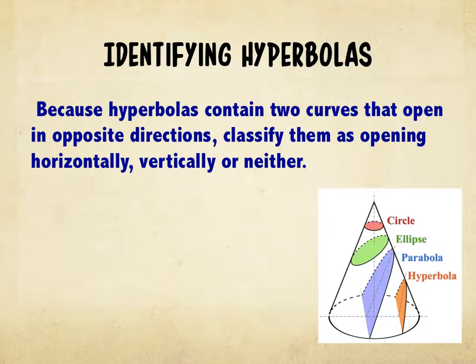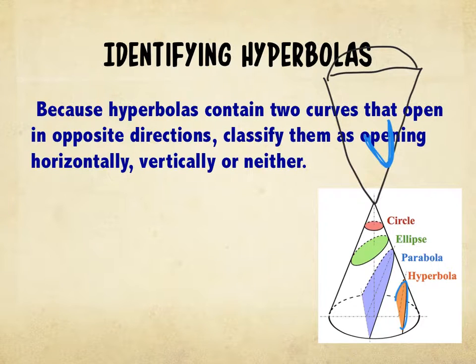Okay, and then the last one is the hyperbola. A hyperbola is actually why there's usually 2 cones drawn, because within a hyperbola, you get one going this way and one going this way. Because they contain 2 curves that open in opposite directions, they are classified as opening horizontally, vertically, or neither.